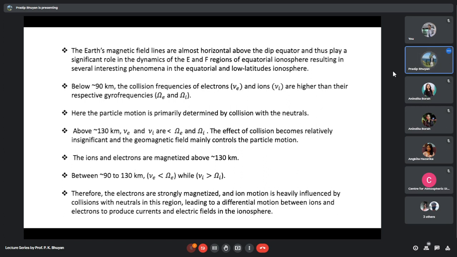But still, let us take the outer boundaries, 90 to 130 kilometers, and within that region of the ionosphere, what happens? The electrons are strongly magnetized, and ion motion is heavily influenced by collision with neutrals in this region. Okay? So what is happening? Electrons are strongly magnetized.